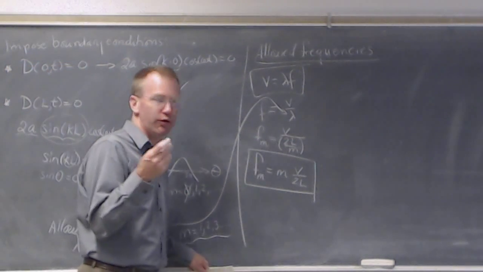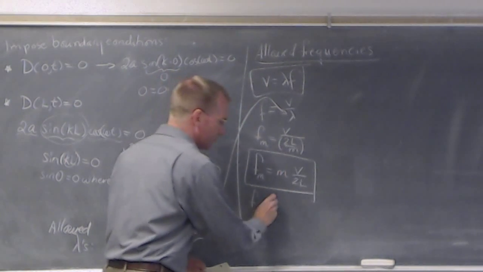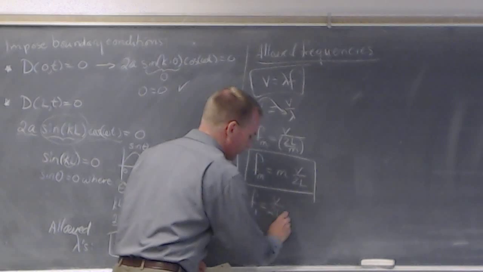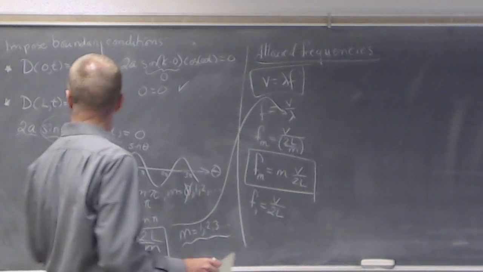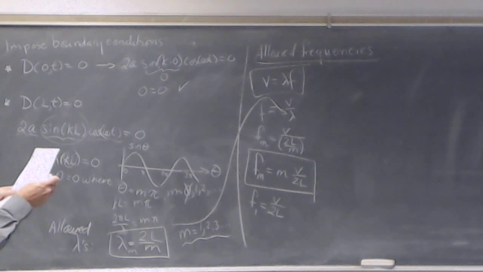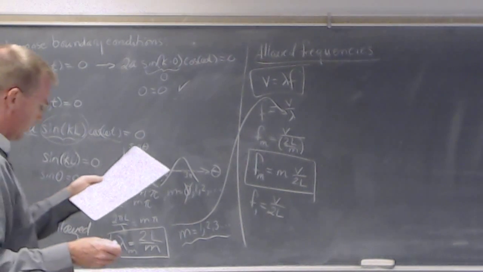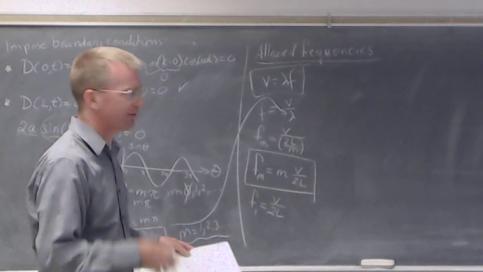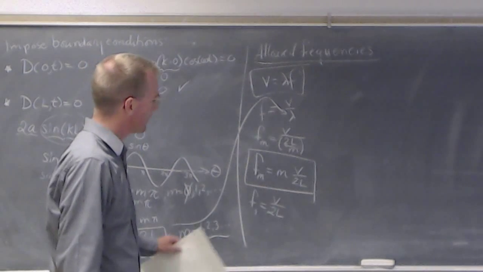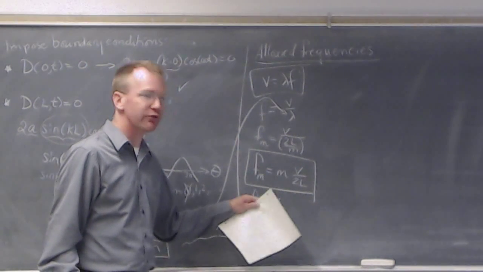Since m starts with 1, look at me here. As m increases, well, let's see here, m is also going to be the number of antinodes. You have one additional node more than antinodes. M keeps going up through positive numbers, so the frequencies keep increasing.